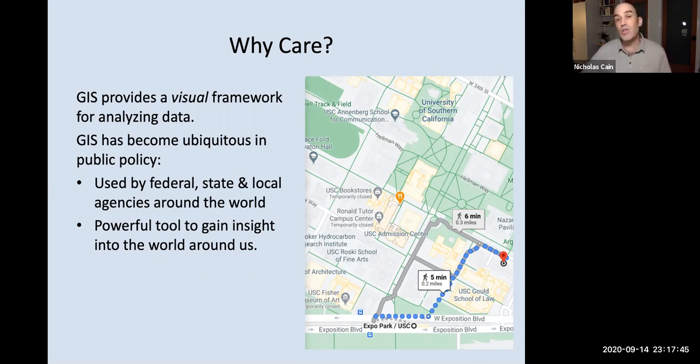Then there's an additional layer, which is interactive in this case, because Google Maps and other mapping programs are state of the art, showing a route between two places and the distance of this route. So it has all the elements we just discussed: a map showing topography, roads as polylines, points of interest, polygons showing buildings, and a route showing spatial relationships between two things, in this case the Expo station and our school.